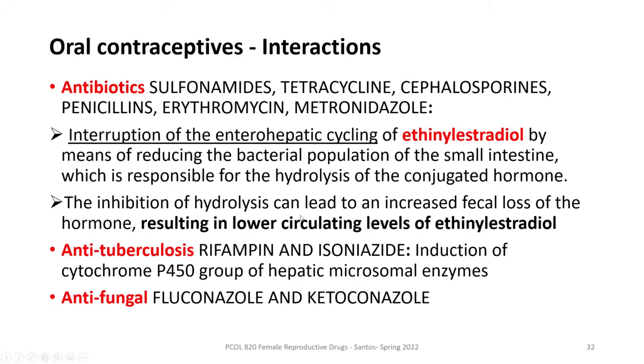The inhibition of hydrolysis can also lead to increased fecal loss of the hormone, which can result in lower circulating levels of ethinylestradiol. Other important groups of drugs for interactions with the oral contraceptives will be anti-tuberculosis drugs like rifampin and isoniazid, and antifungals like fluconazole and ketoconazole.